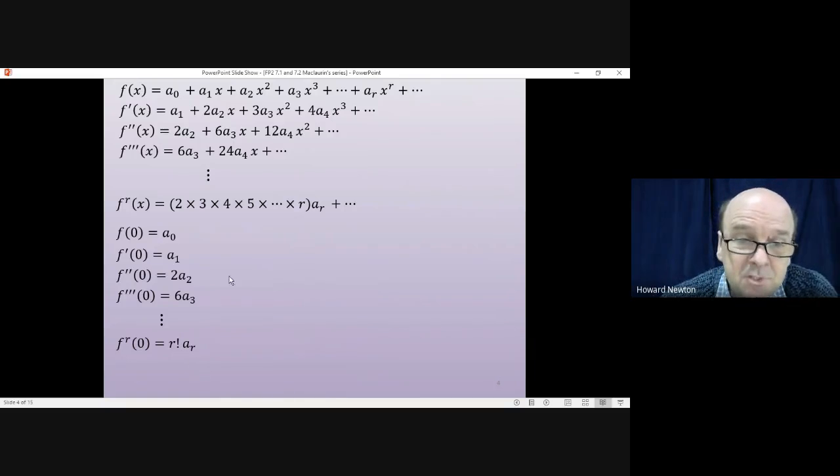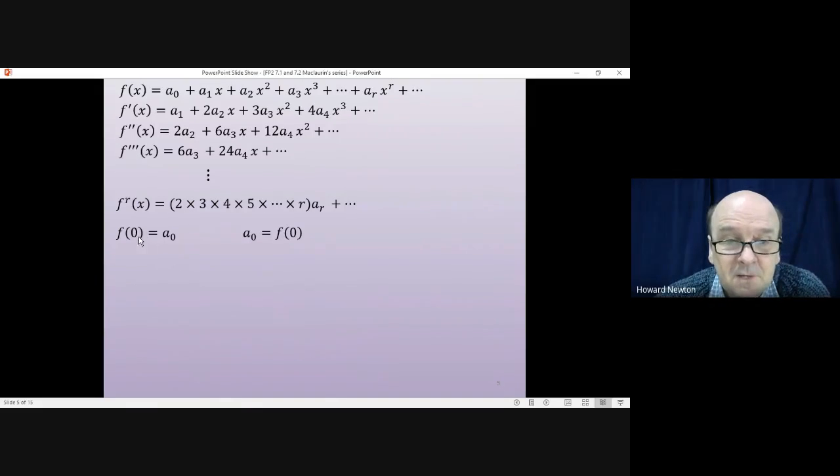Now, what we actually want to know are the values of these constants. If we know what a0, a1, a2, and so on are, then we know the infinite series. So we just need to rearrange each of these so that we can find these values of a. So for the first one, a0 will just equal the value of the function at 0. a1 will equal the first differential at 0.